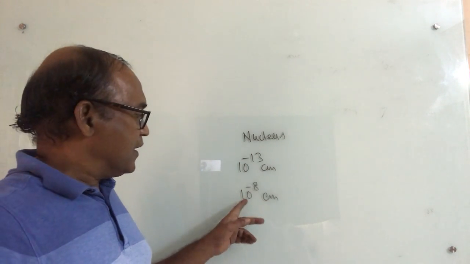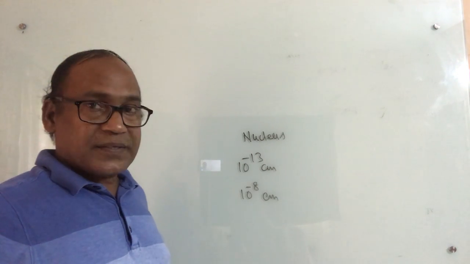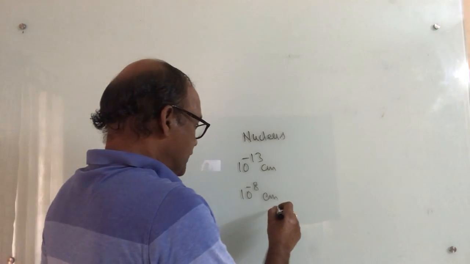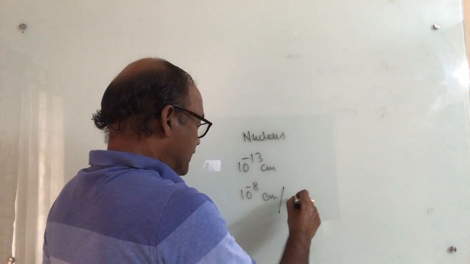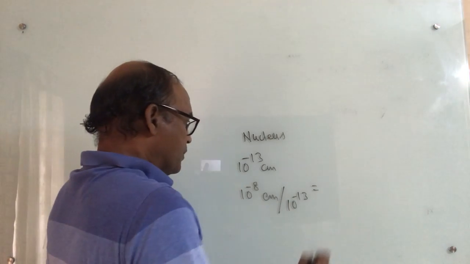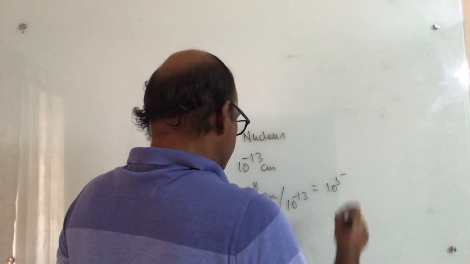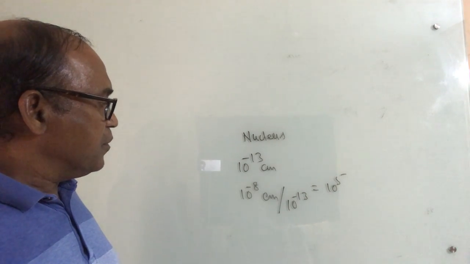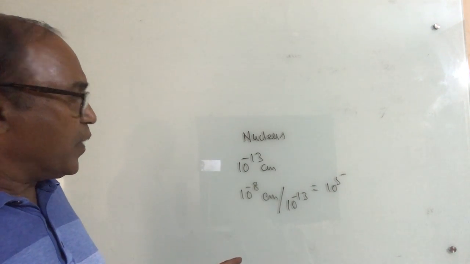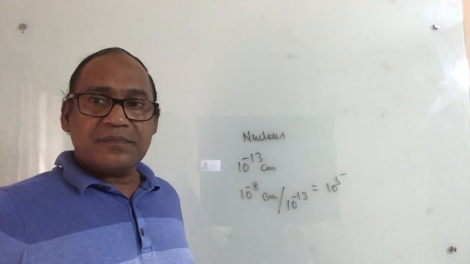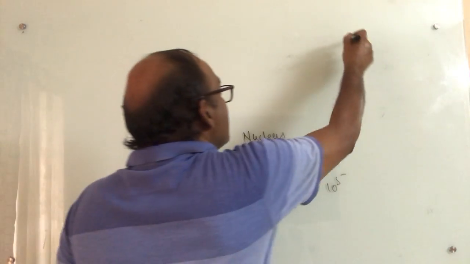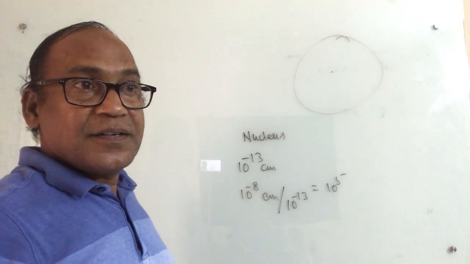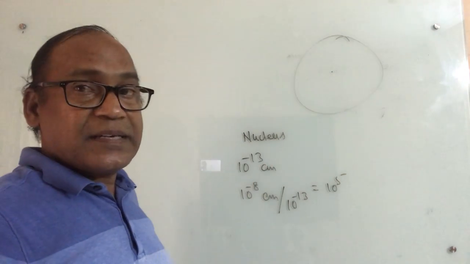This is from different experimental sources. Now the ratio gives 10 power 5, which means the atom size is quite bigger compared to the nucleus, one lakh times greater.